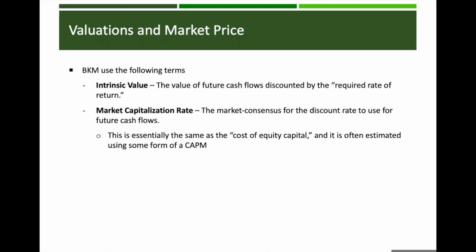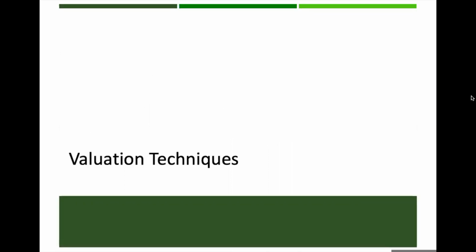And usually the way that the market cap rate or the required rate of return or the equity cost of capital, which to me are all the same thing, the way that you get that estimated is you use a CAPM model. There's no other way to do it. And so these terms are important because it's also things that we're going to actually calculate. We're going to do that today.